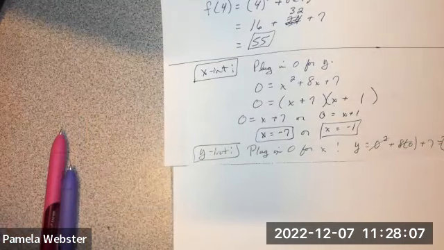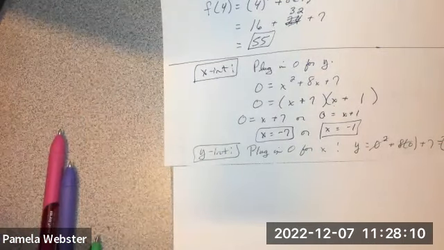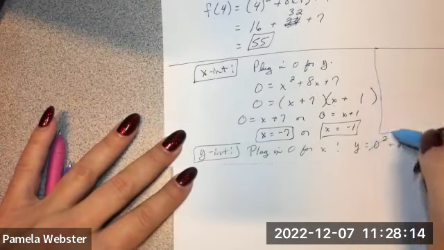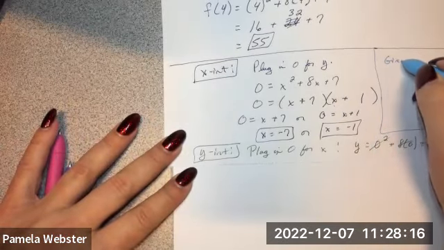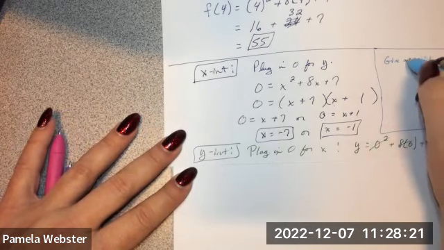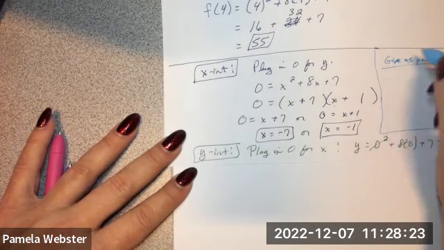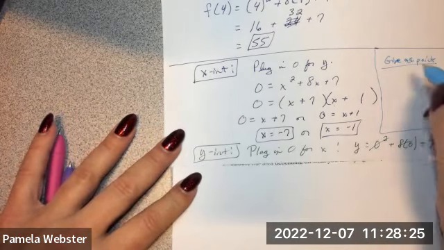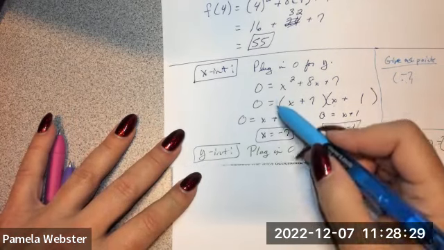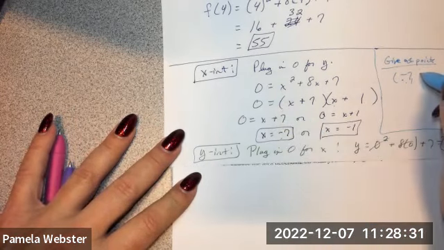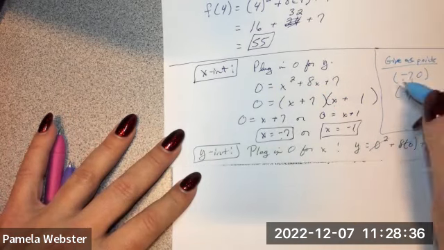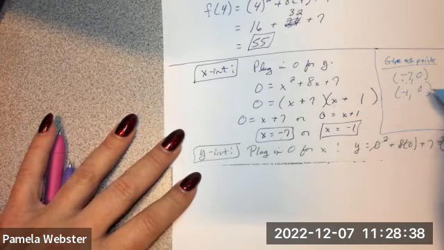The only thing you might need to watch out for on the exam is that the directions might say, give it as a point. Give as points. If they say give me points, then it's really not terrible. You just change these into points. So it'll be (-7, 0), and remember that to get that -7, I plugged in 0 for the y. And (-1, 0), and that one was also a 0 for the y.